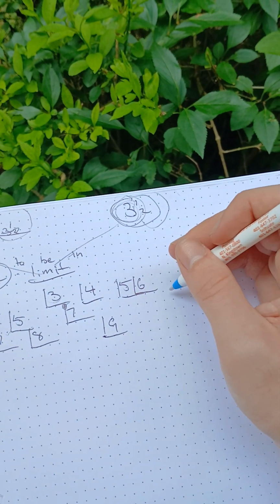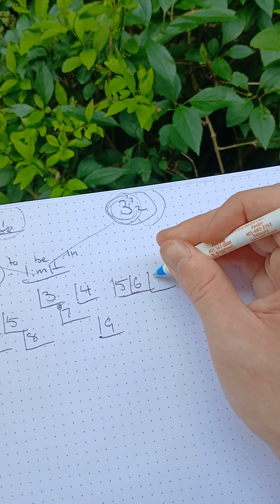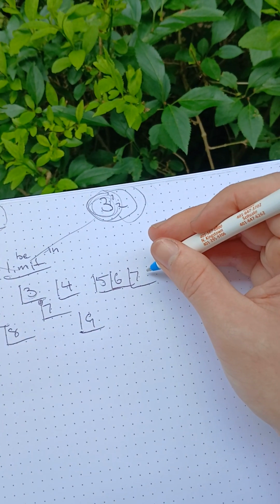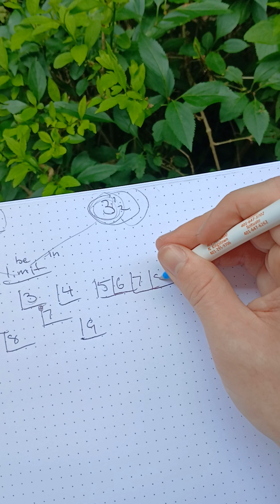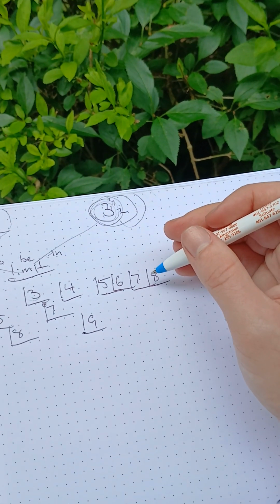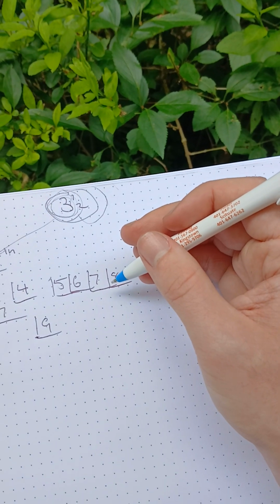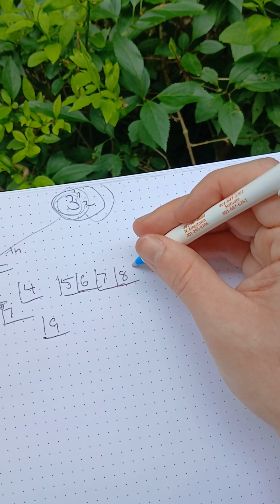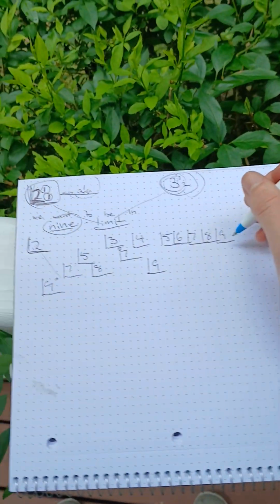Our next answer is 7. I only want to put 7, because 7 plus 6 is too high. Same thing for 8, because 8 plus 7 is 15. And finally, I'll put 9, because I don't want to add 8 and 9.